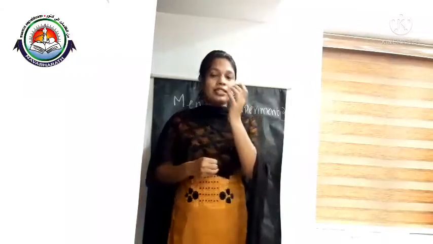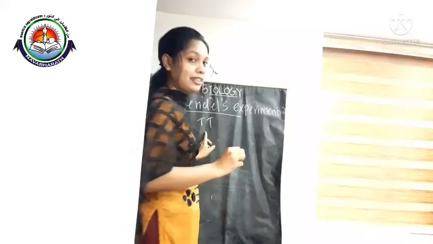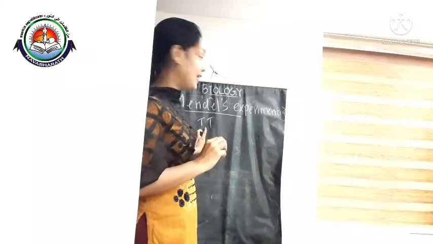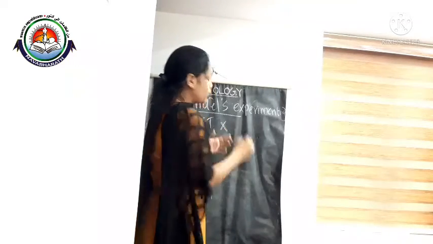First he conducted the experiment based on the height of the plant. One plant selected was short and the other was tall. We can represent this as two alleles: capital T for tall, and small t for short plants.